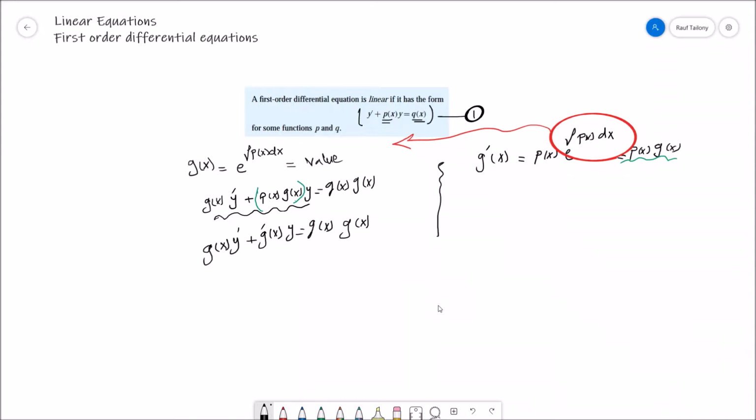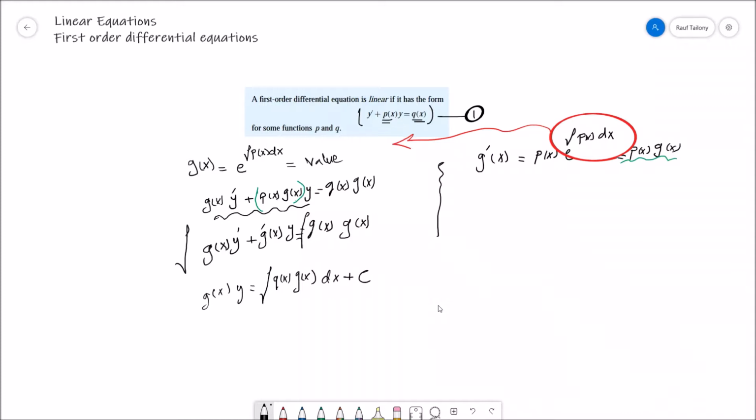Now taking the integration of both sides of the equation will give you g of x y equal the integration of q of x g of x dx plus c.